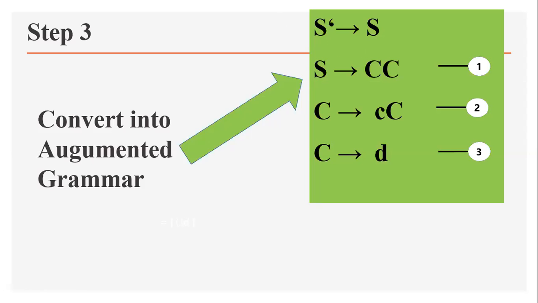Now, the next step is to construct LR0 items. We'll start with the first production, that is S dash derives dot S. So you put the dot at the front, and then you start the process. When the dot comes at the front of any non-terminal, you have to include that non-terminal's productions. So what is the S production? The S production is only this: S derives dot CC.